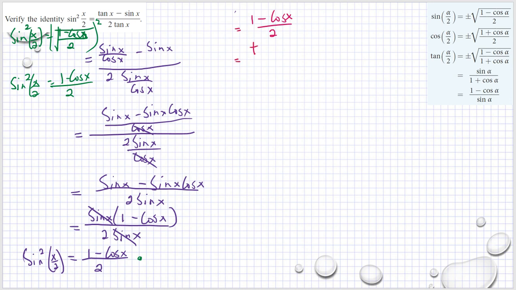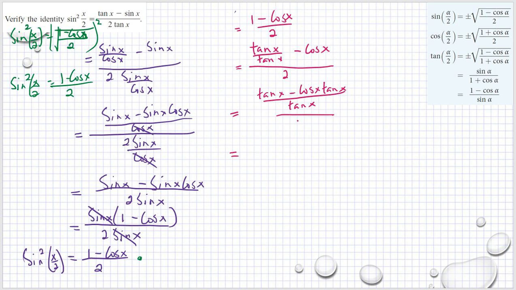If we need to have tangent, I'm going to put tangent x over tangent x with the cosine x, over 2. Then we have tangent x minus cosine x tangent x, over tangent x, and then over 2.